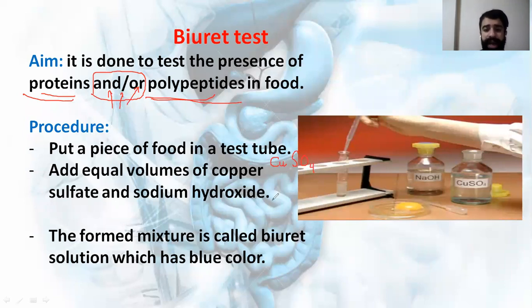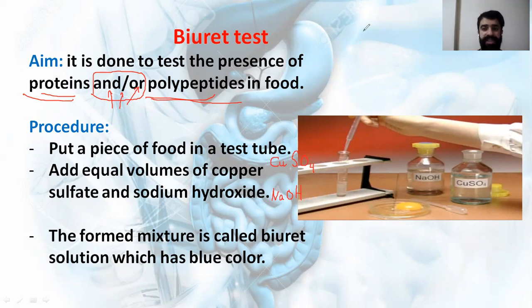And sodium hydroxide is NaOH. So adding equal drops or equal volumes of CuSO4 and sodium hydroxide, the formed mixture will be a biuret solution. This biuret solution has a blue color.